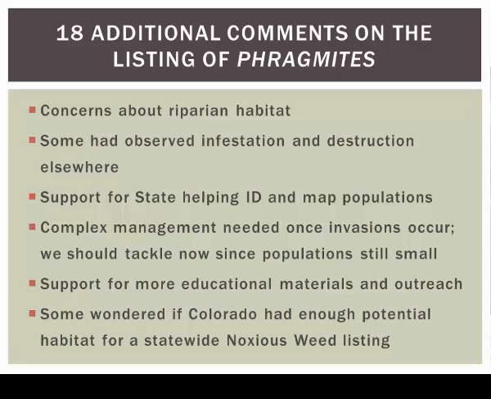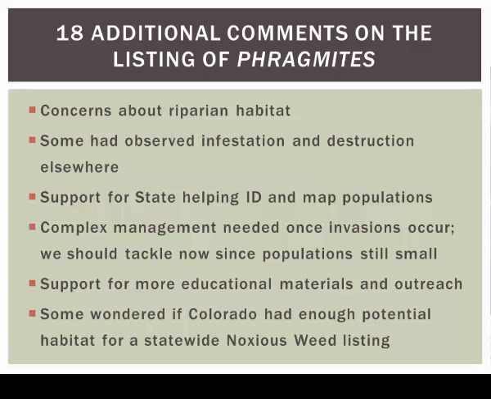So, in addition to that, we asked, what kind of information can you provide to us that will help us make a determination on listing this species? And there were a lot of concerns for riparian habitat. A lot of people had seen this species in other areas and seen the destruction.